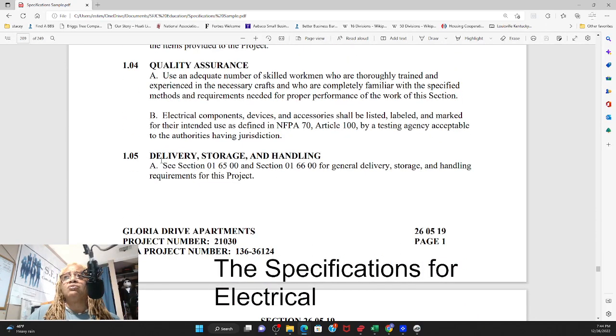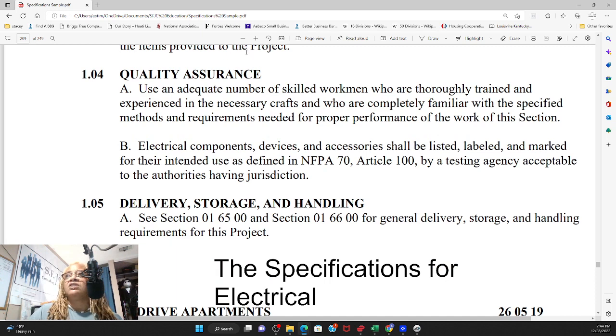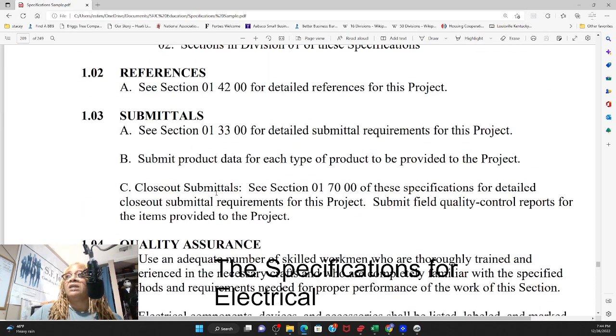See, it sends you to your specifications, and it can send you to so many different areas, right? Let's make that bigger. Here it's sending you to 016500. Here it's sending you to 013300. Here it's sending you to 014200. Excellent lesson.